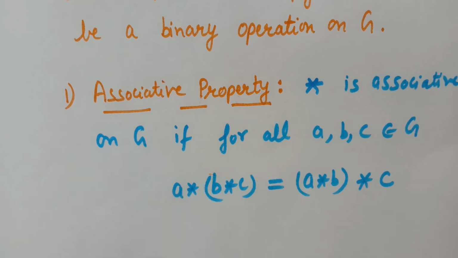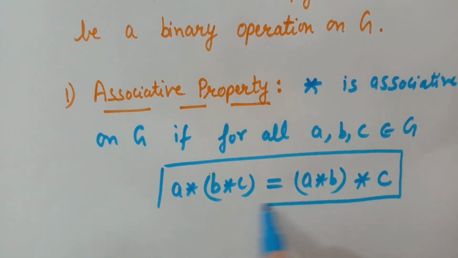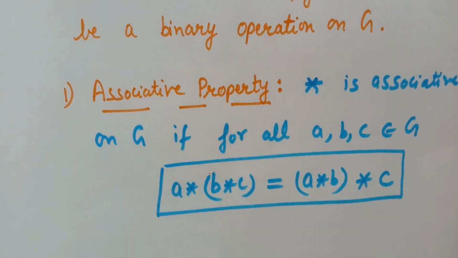So the binary operation is associative if this condition is satisfied for all elements A, B, C belonging to the given set G.